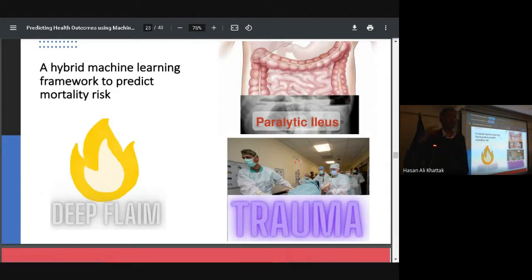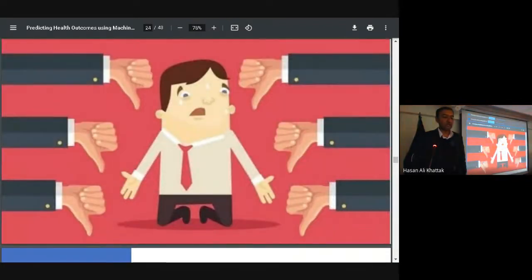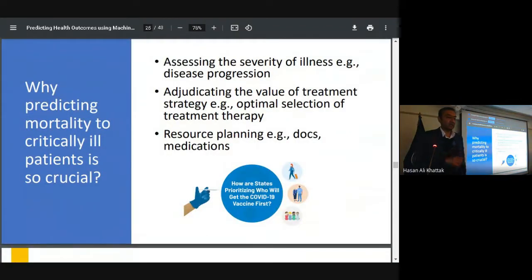Several ethical questions arose at that time, but having such a model in place is really, really important. I will show you this case of mortality prediction. What were the motives behind why we feel that it's crucial.